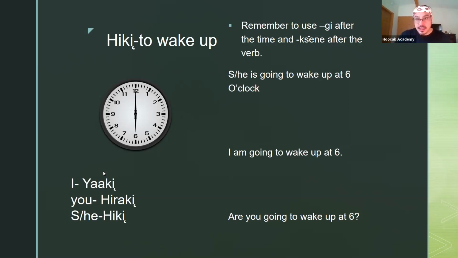But the first sentence is going to be Gichiwi hakewegi hikinshine. All right, so we have all the elements there. We have the time, Gichiwi hakewe. We have the future tense indicator, gi, and then we have the verb followed by another future tense indicator.